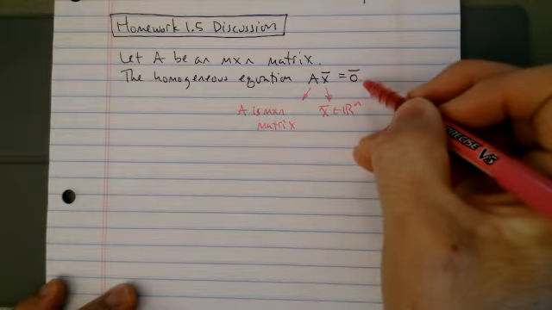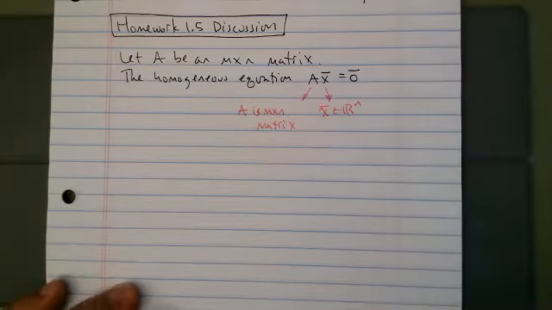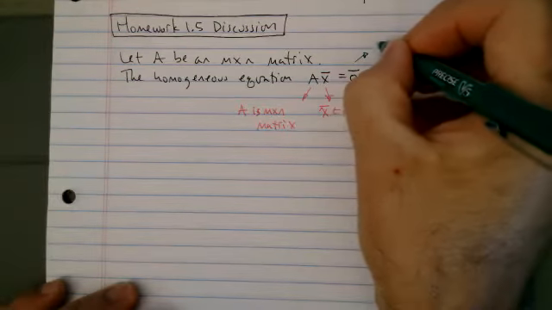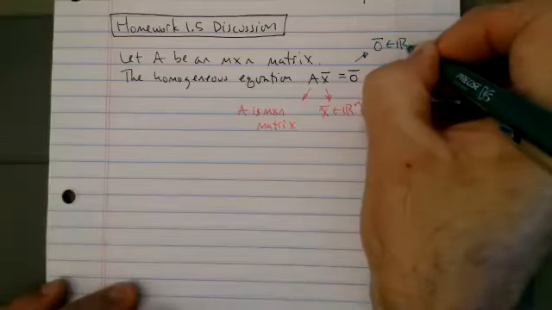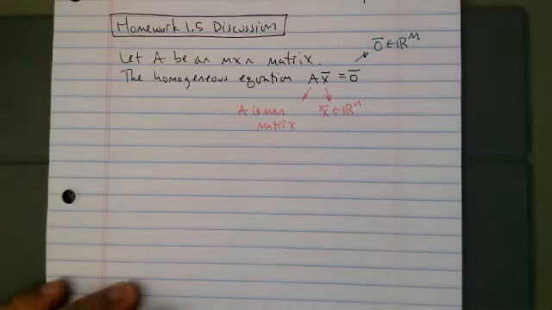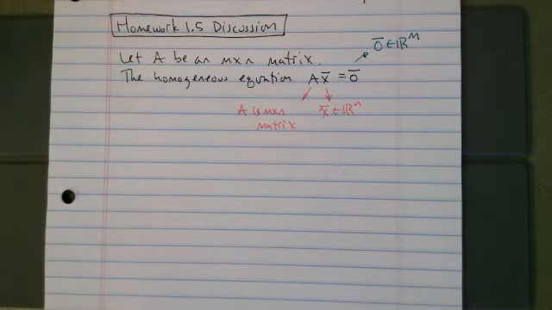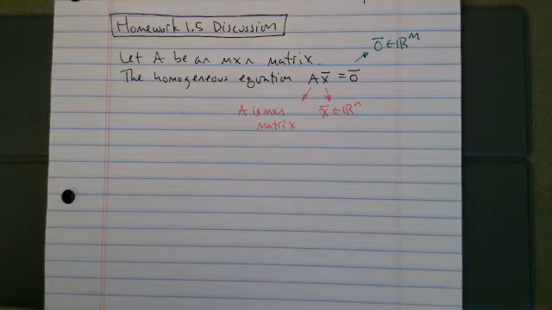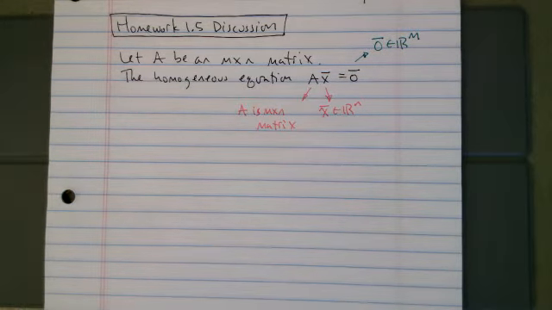And the vector over here is a 0 vector, and that is the 0 vector in Rm. So the homogeneous equation AX equals 0.